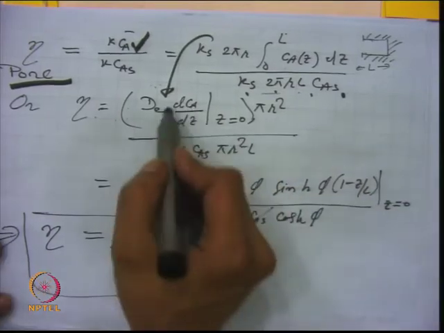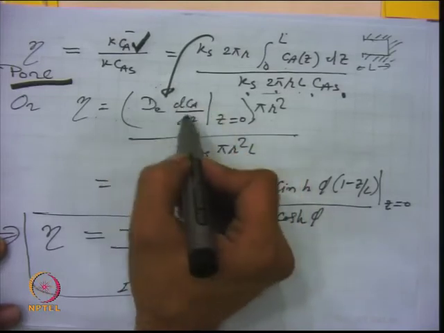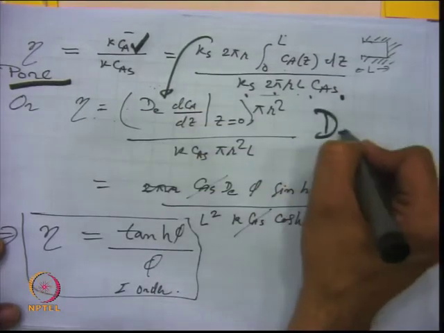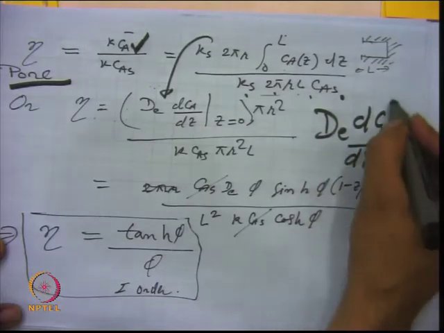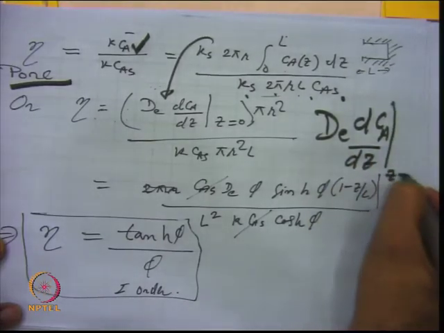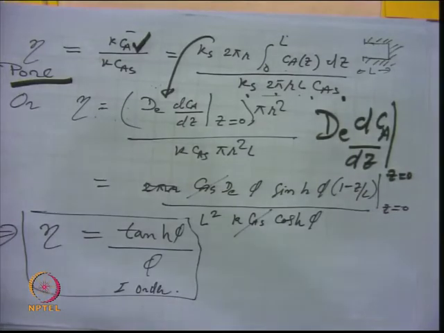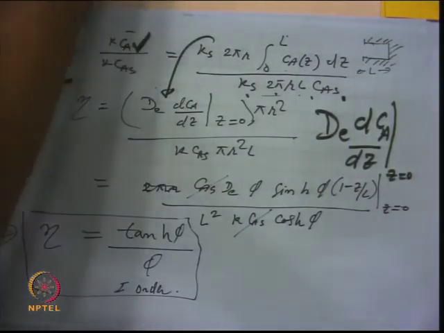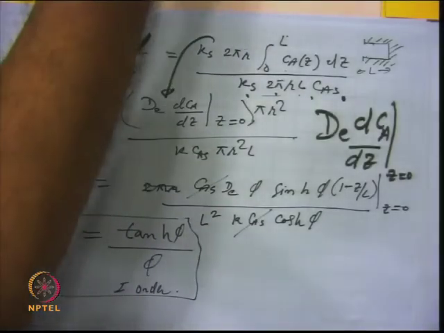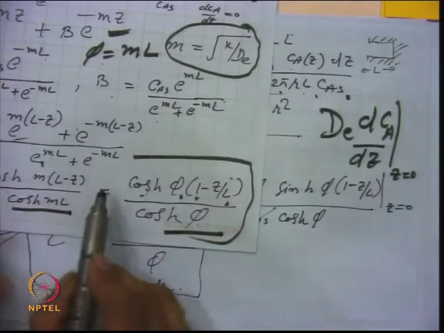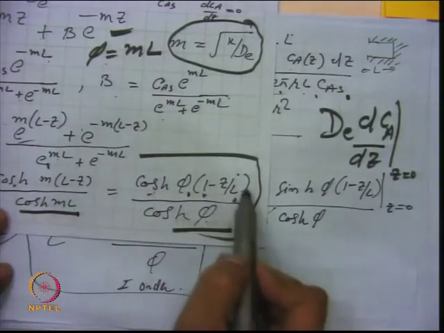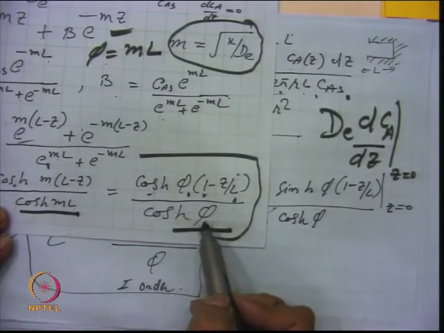So, if I am able to know the value of dCA by dZ, this is what is written here, dCA by dZ evaluated at Z equal to 0. You already have the concentration profile, Ca by Cs, which we have already defined like this: Ca by Cs equals cosh of phi times (1 minus Z by L) divided by cosh phi.